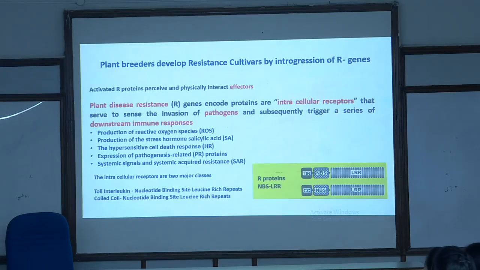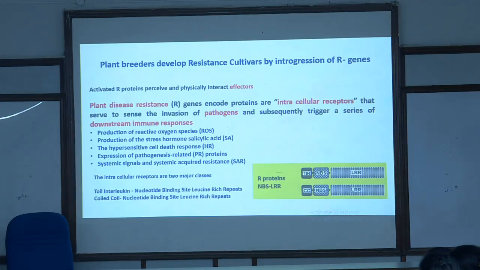So rather, it opens up another pathway. That pathway is what is called a defense signaling pathway. This is quite a strong defense signaling pathway. This pathway has several biochemical and phenotypic outcomes. For example, ROS production, salicylic acid production, HR. We have PR proteins and overall what is called SAR, that is systemic acquired resistance, to keep the rest of the cells or rest of the tissues free from pathogen.